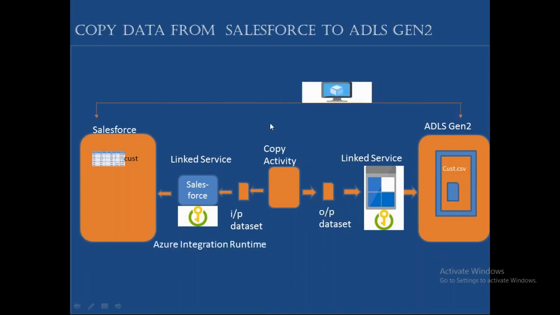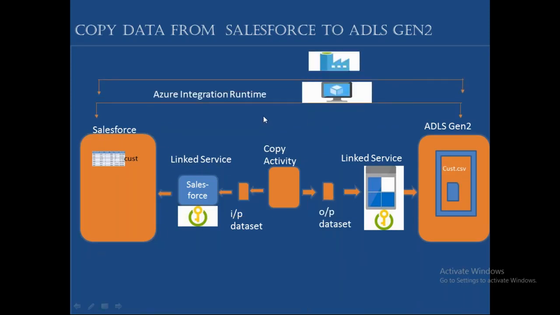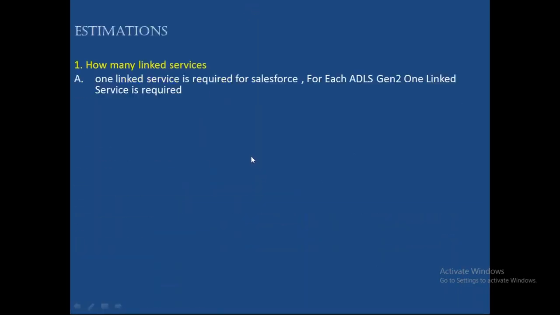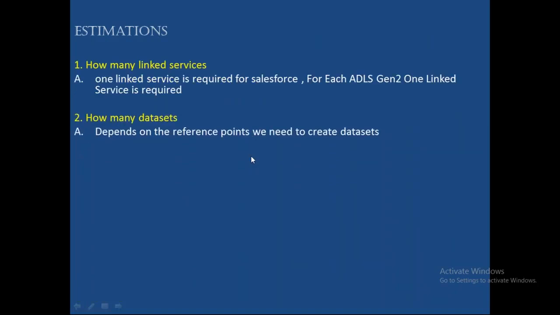Who is going to do this? Azure integration runtime, but self-hosted integration runtime can also do it. I hope everybody knows this. Now Azure Data Factory is going to manage all of these things. Estimations: how many linked services do we need? One linked service for Salesforce, one linked service for Data Lake Storage Gen2. How many datasets? Depends on reference points; we need to create the datasets.